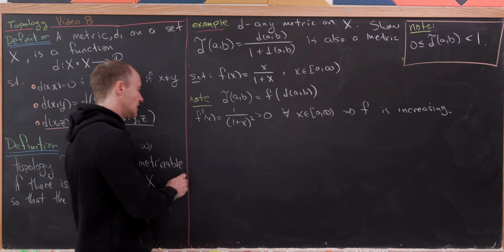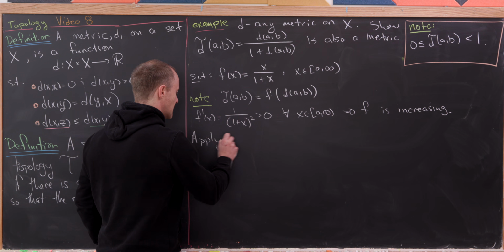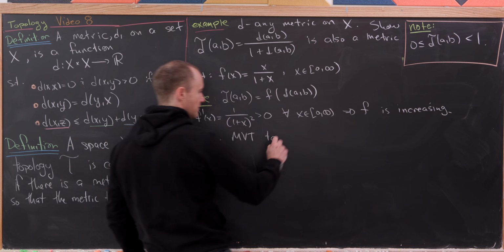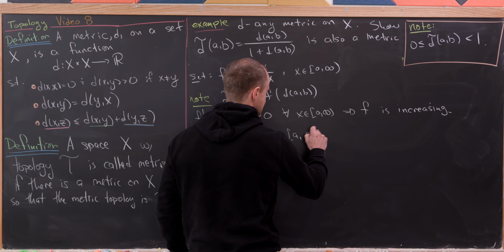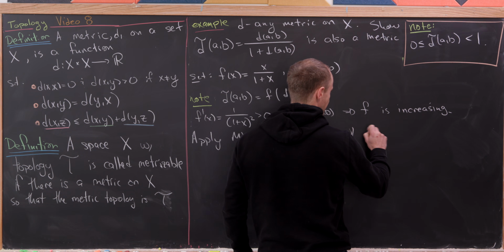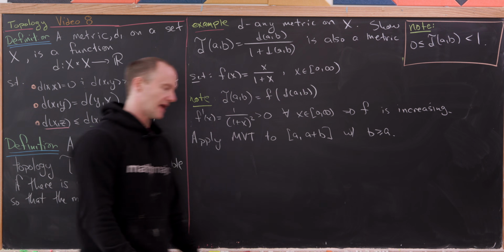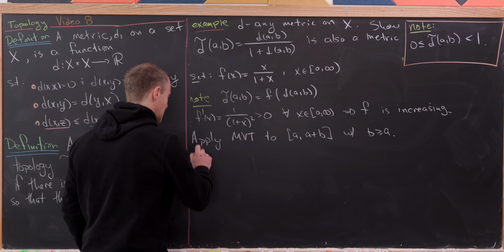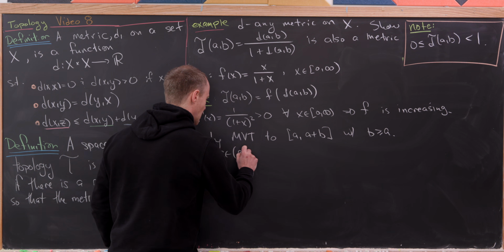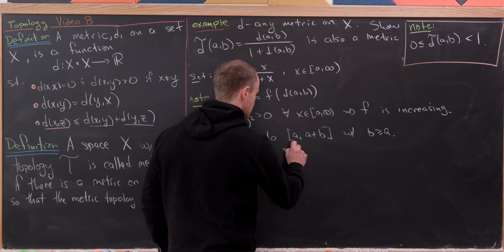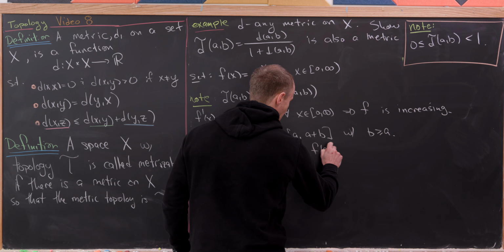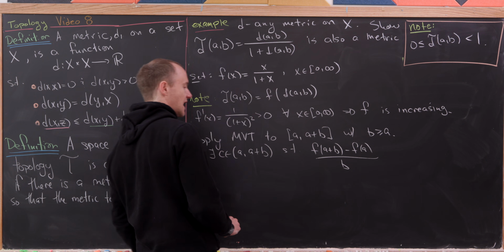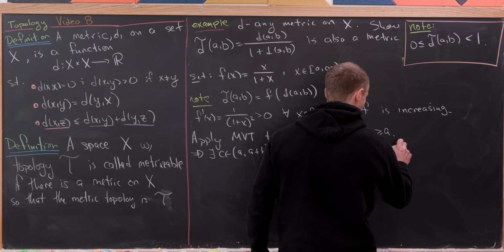And then also, I'd like to apply a theorem from a Calculus 1 type class, the mean value theorem, to this interval a to a plus b, with b bigger than or equal to a. Okay, so let's see what that's going to give us. That tells us that there exists a c on the corresponding open interval such that f of a plus b minus f of a over a plus b minus a, which is b, is equal to f prime of c.